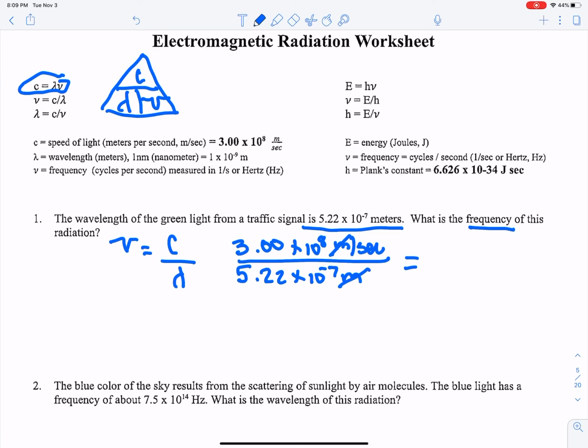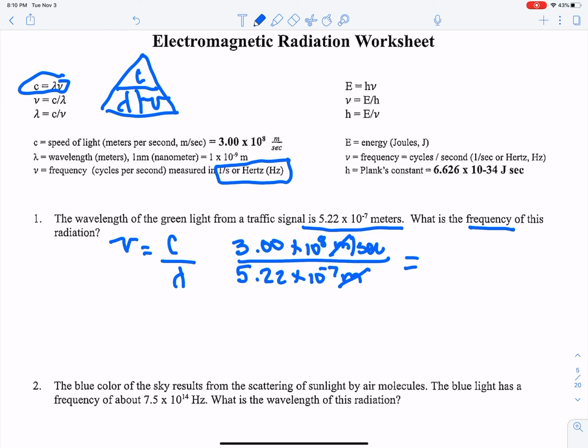So I'm trying to find frequency. Remember, units for frequency is 1 over a second or hertz. So 3.00 E to the 8 divided by 5.22 E to the negative 7.